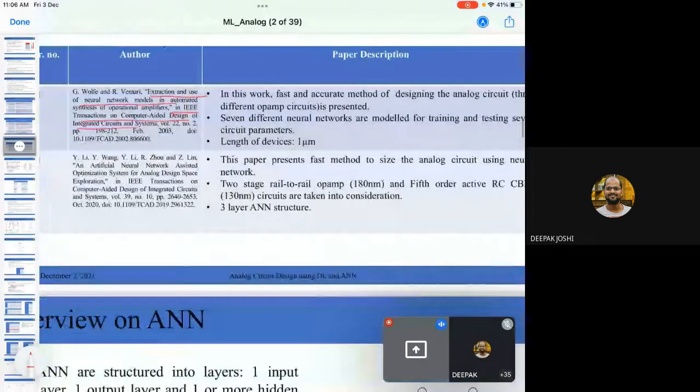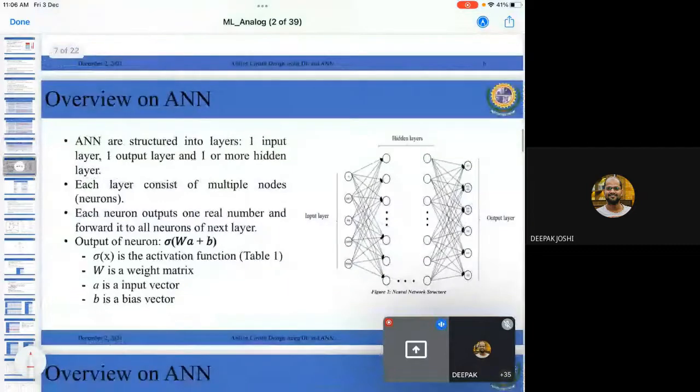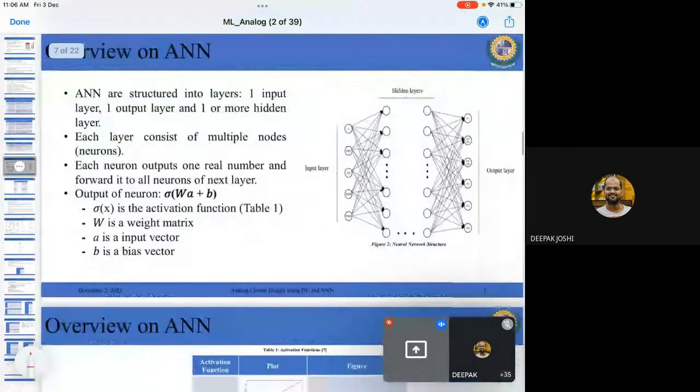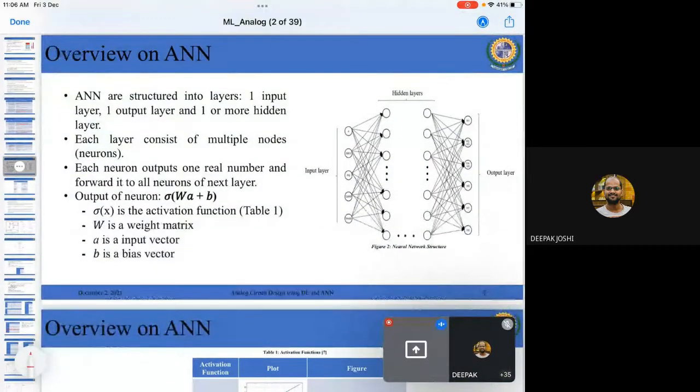Okay, so this overview is very much available. I think everyone might have seen that there are different layers, and then the connection of every variable with every other variable of the layers, and then they have to ultimately decide about the final output layer.